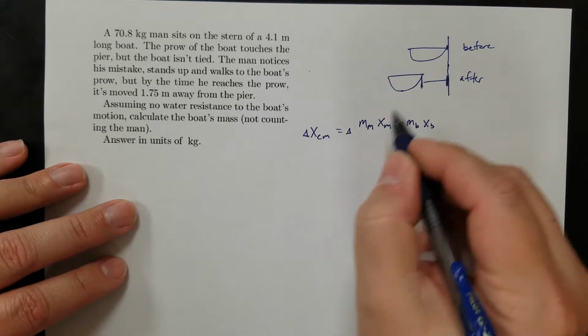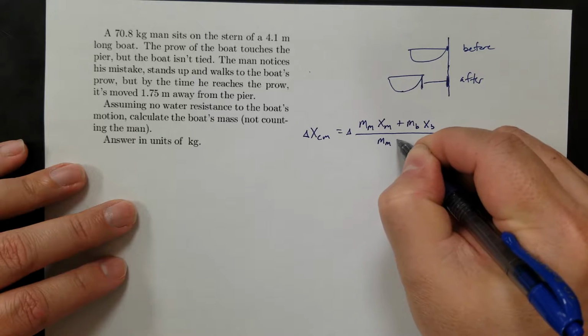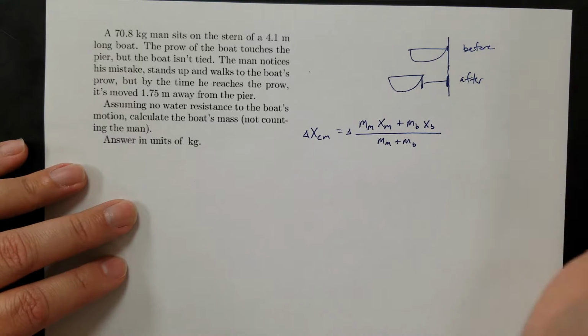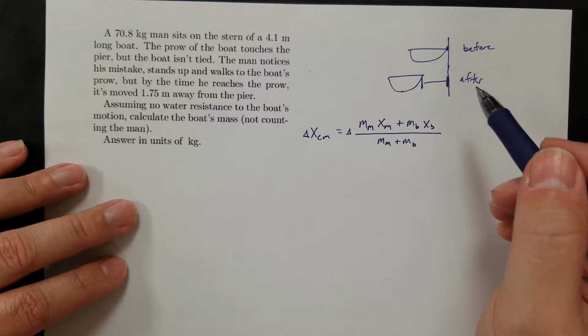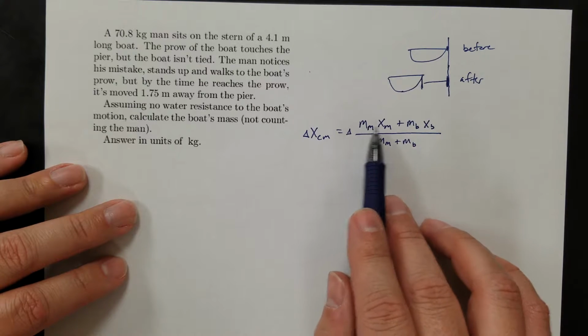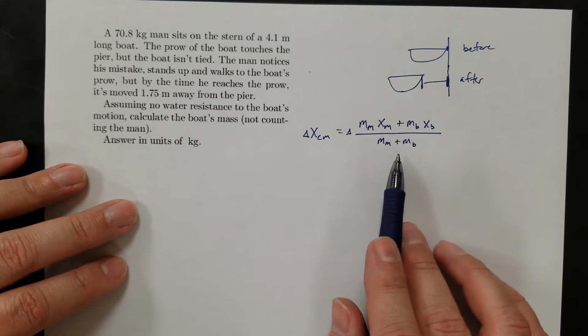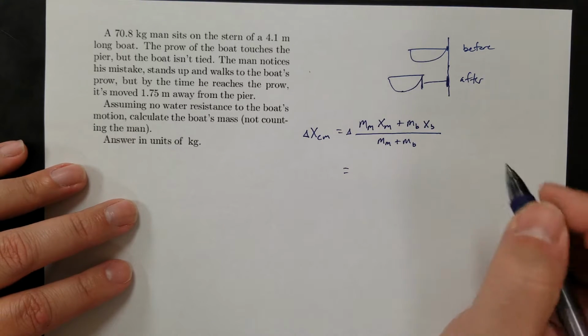It's the change in all this, divided by mass of the man plus mass of the boat. It's basically our center of mass formula, right? Same thing. It's the mass, each one times its component, divided by the sum of all the masses. Okay? So let's look at what this is.